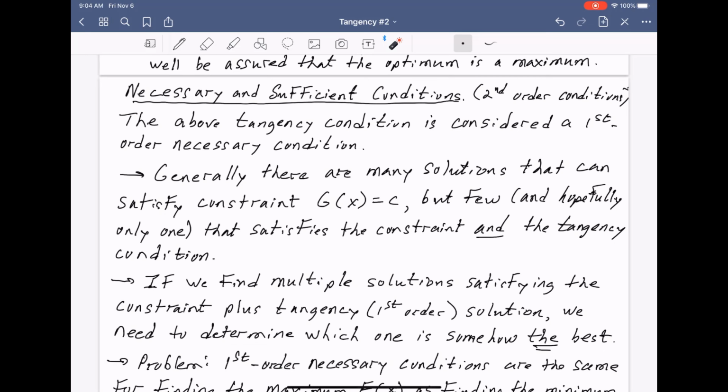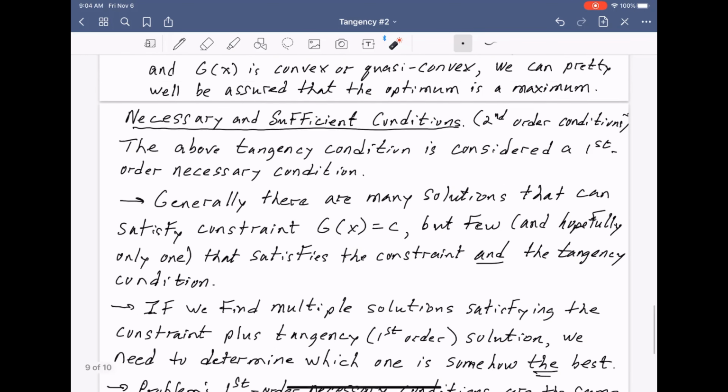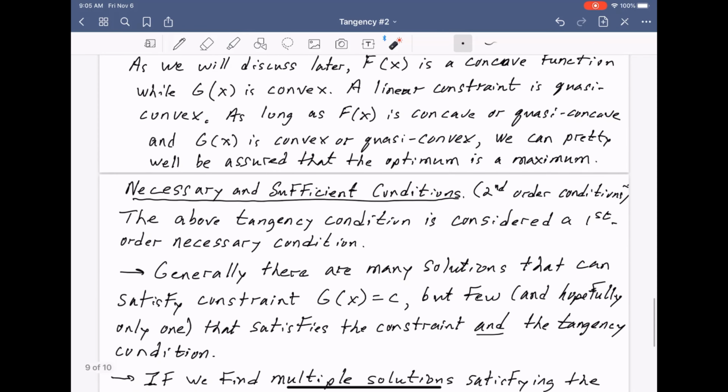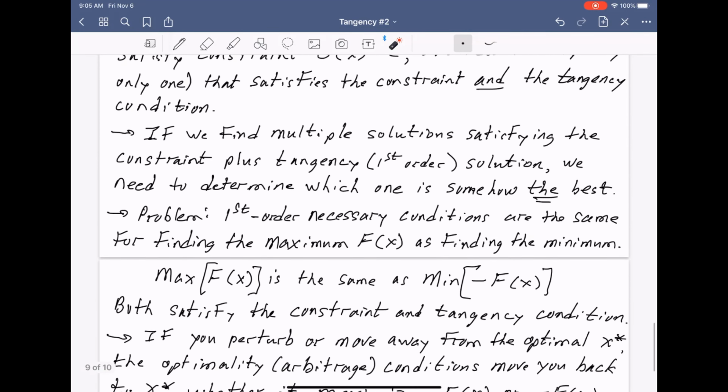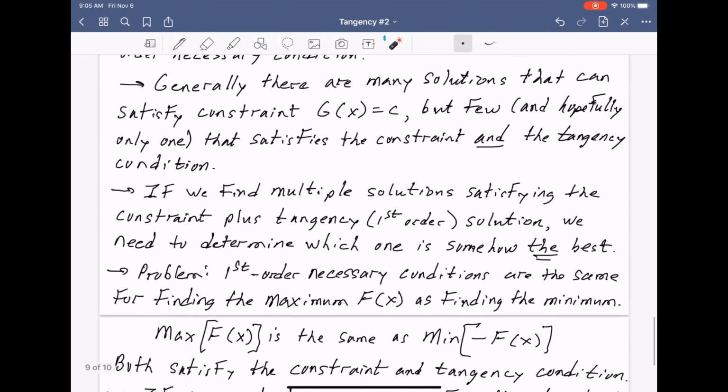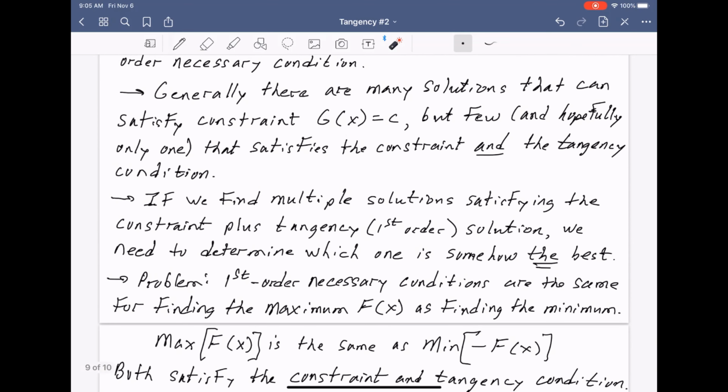So we have to look at second order conditions. The tangency condition that we have here, what we would do is find the values of x star using this condition. That's what we call a first order necessary condition.